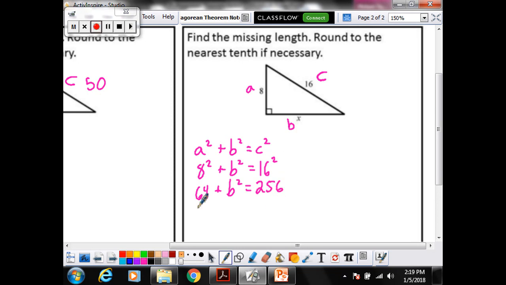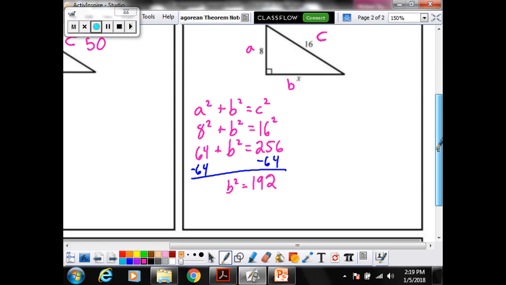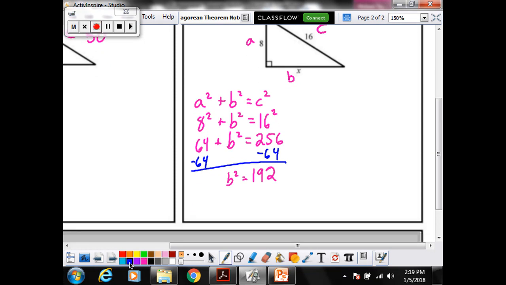To get rid of 64, we subtract 64, and then we're left with b squared equals 192. So just like we did in the last problem, to get rid of squaring something, so b squared, the opposite of squaring would be the square root.